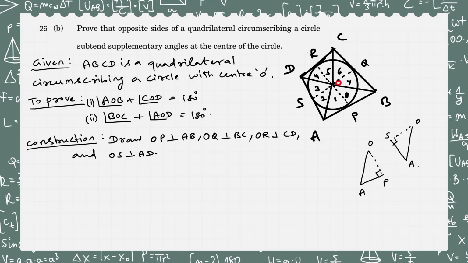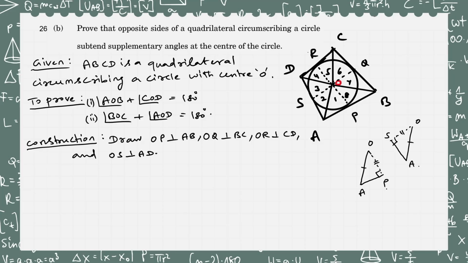And then OA is the common side, that also we know. And one more thing is OS and OP both are the radii of the same circle, right? So in these two pictures, what we can mark is OA and OA common side, OS and OP both are equal to each other and 90 degrees.